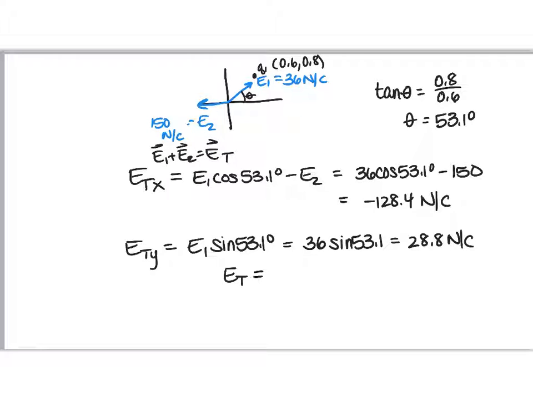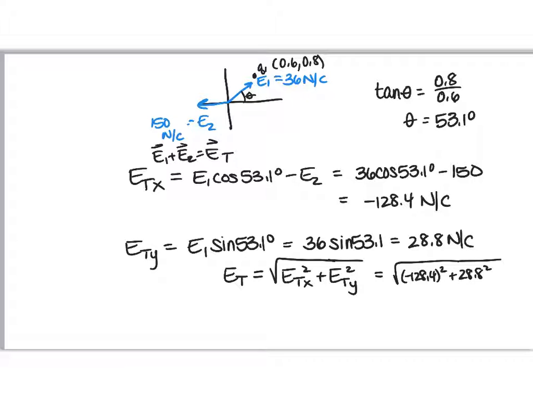The total I find by using the Pythagorean theorem with the x and y components that I just found. And I find the total value is 132 newtons per coulomb, so that's the strength of my electric field.